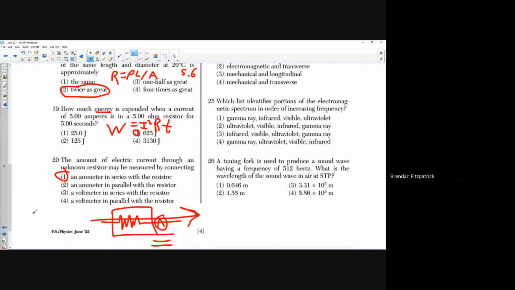Because if these were in parallel, if I had a battery over here and a resistor, and I set up an ammeter in parallel, the different branches get different amounts of current. So the current that the ammeter is measuring is not the current that's going through the resistor. So it would have to be in series. So it is choice 1 here, an ammeter in series with the resistor. Check, 20 is choice one.